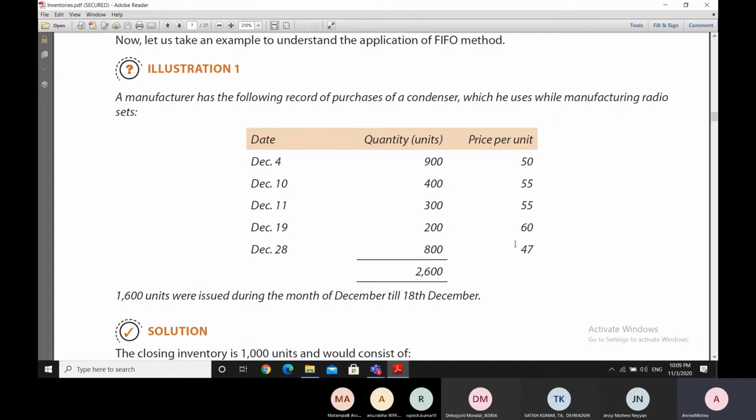Now, if we take the two prices, 60 and 47, and if you look at all the prices which are available, 50, 55, 55, 60, and 47. So we have these 5 prices here. Out of these 5 prices, the items belonging to these 3 prices have already been issued. So the items with these 2 prices are only the items which are not yet issued.